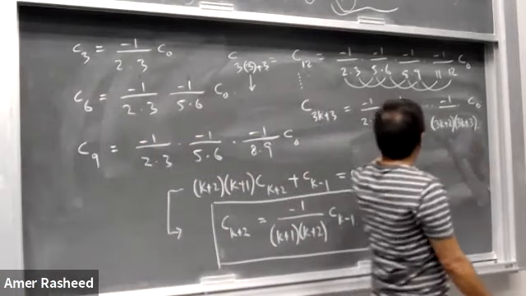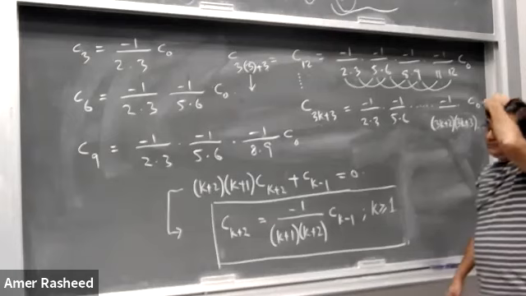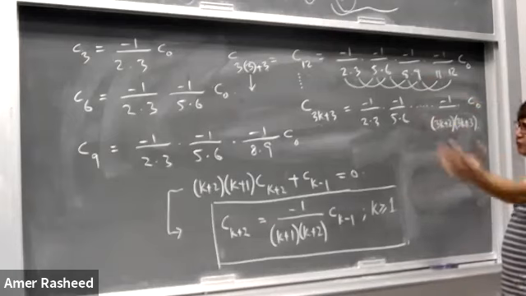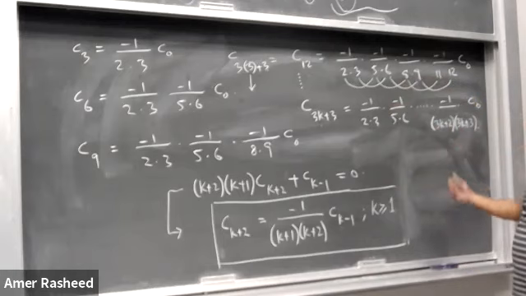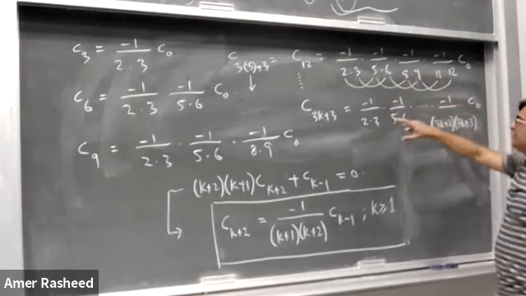So this is how I can write the value of C3K plus 3. अच्छा, ये तो हो गया C3, 6, 9 and so on, C12 and so on. So this will be basically generalized expression for C3K plus 3.